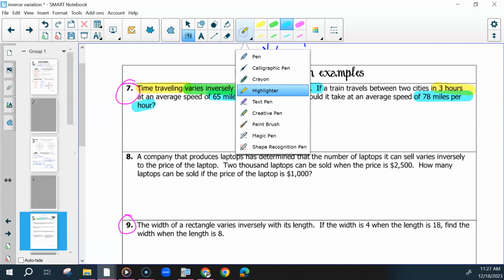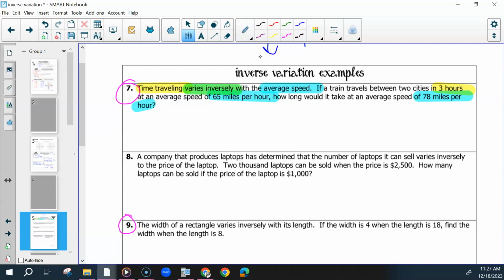Just like with direct, whatever comes before the words varies inversely is your y. Whatever comes after is x. So every time you see something related to time, that is y. Something about average speed, that's x. What are we looking for? How long it would take. And is that going to be x or y? Y. We're looking for time.